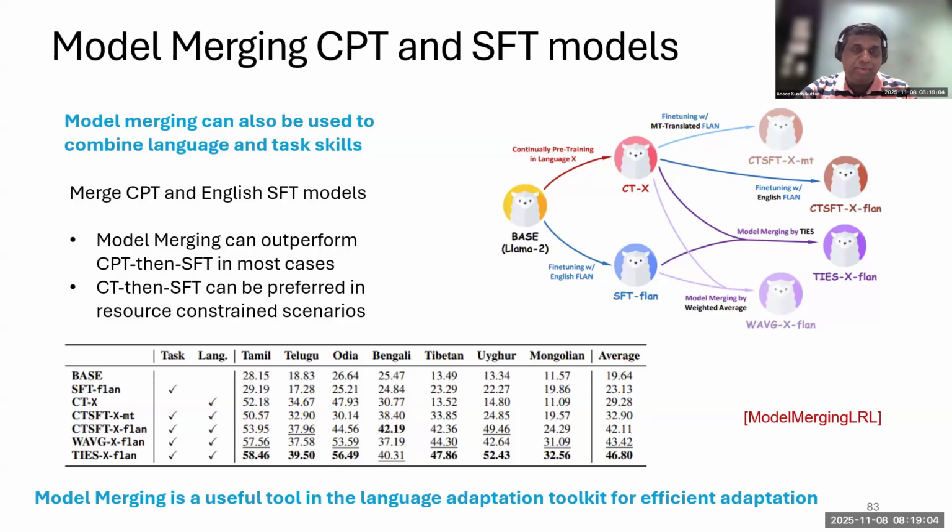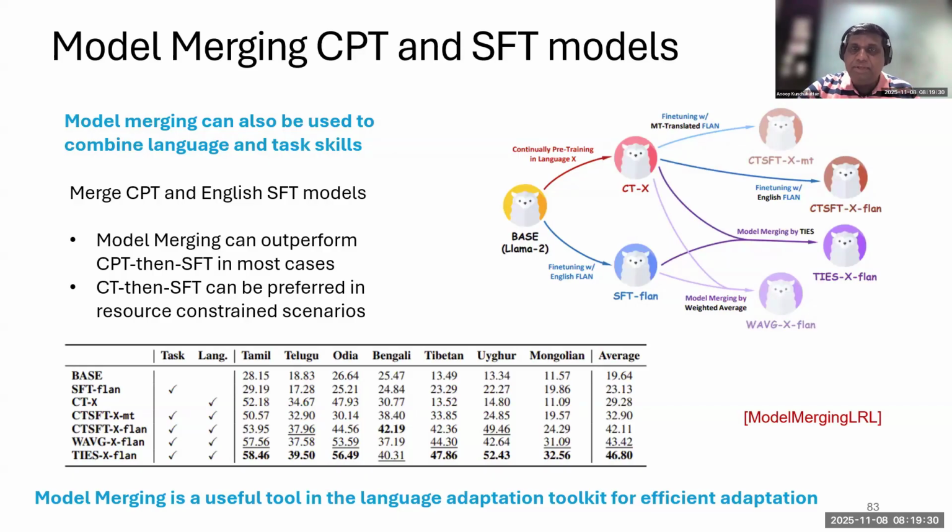But an alternative could be, okay, I might already have a very strong SFT for English based on the base model. And now I can also have a continually pre-trained model for the new language. So can I combine the language skills of the new pre-trained model and the instruction following capabilities from the existing checkpoint? Right?